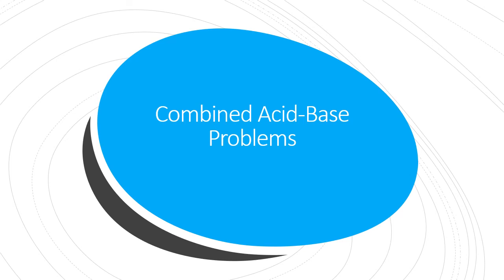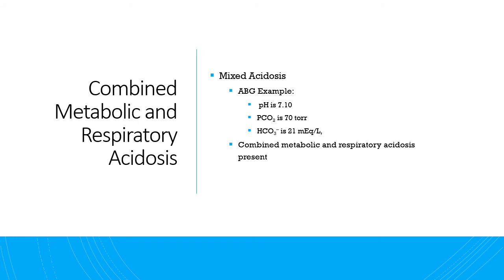Let's talk briefly about combined acid-base problems, and we'll start with a combined acidosis. Combined metabolic and respiratory acidosis is also called a mixed acidosis. An ABG for mixed acidosis would look like an acidotic pH, a pH that is very low, lower than 7.35, a PCO2 that is high, greater than 45, and a bicarb that's low, lower than 22.